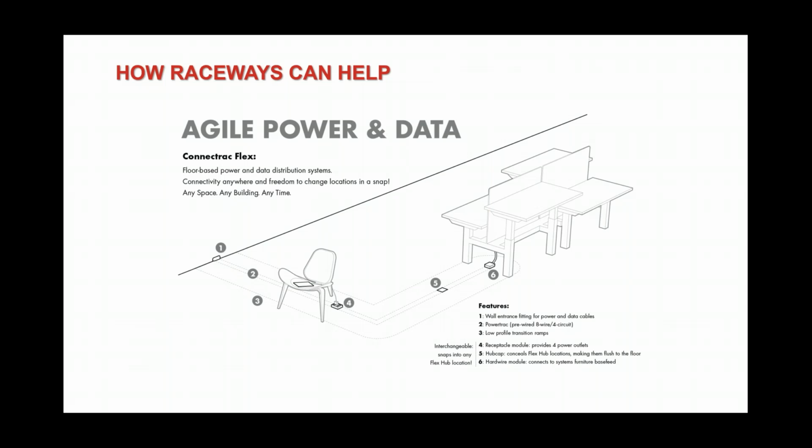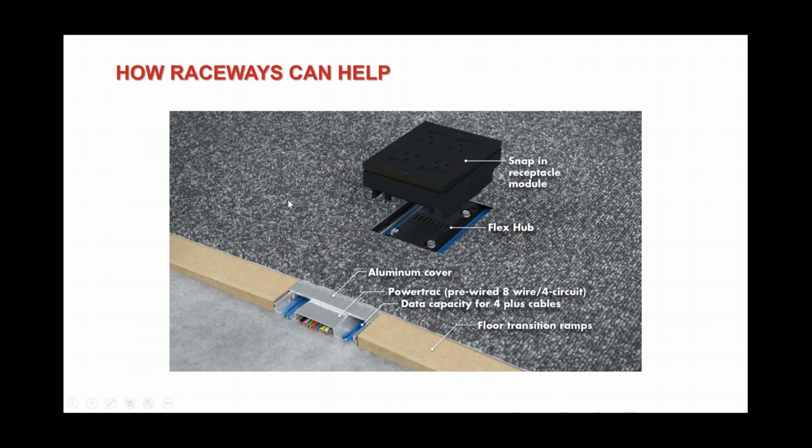Because I am not in front of you and I can't see you, I'm just going to keep moving, even though I would hopefully have some questions on some of this. This is a real photograph of that system that I just showed you. You can see that there is this raceway in the middle that has the wires that are going to power the system.